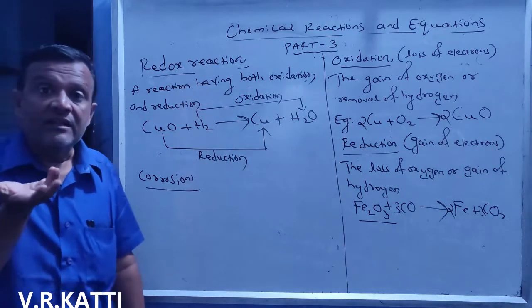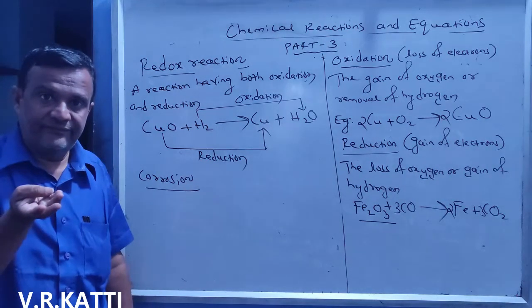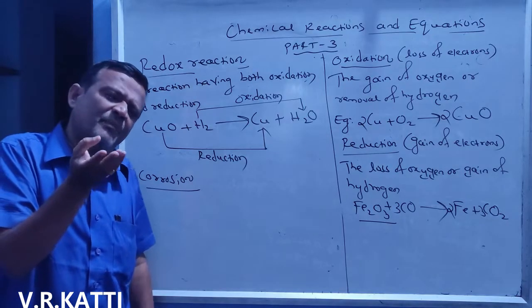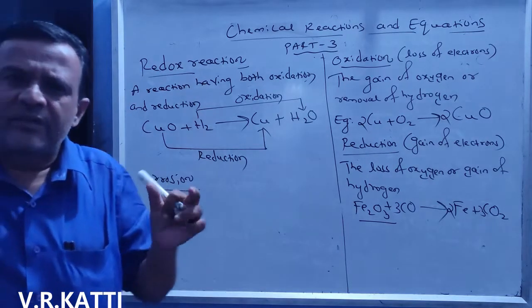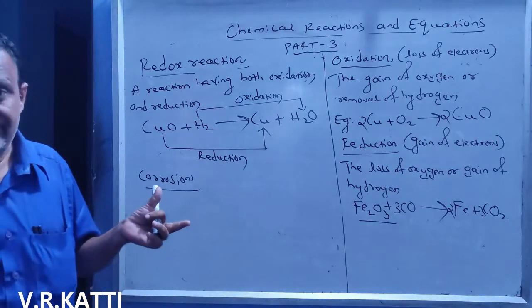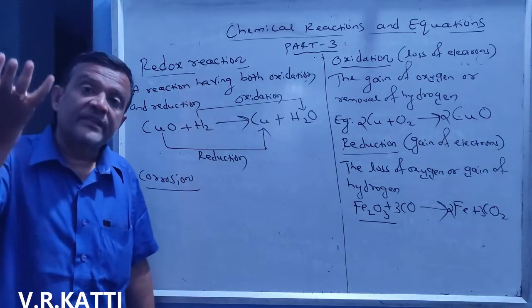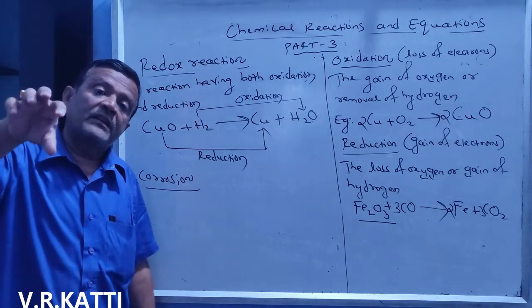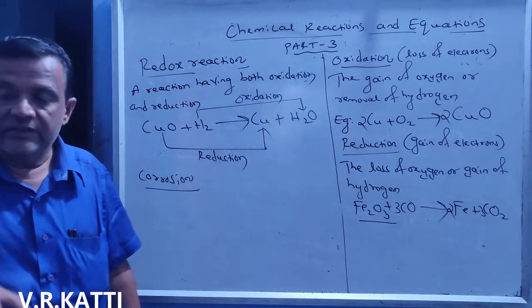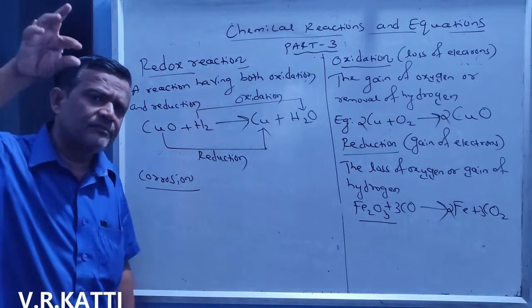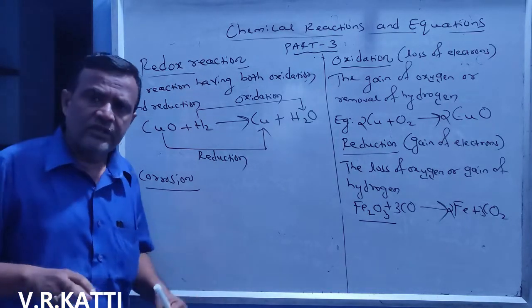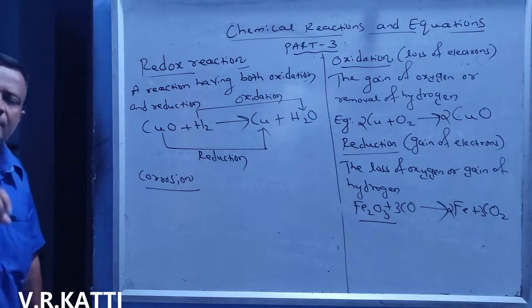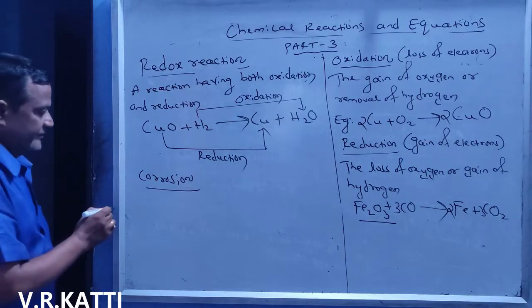For example, rusting of iron, and the black layer formed on the surface of silver when silver comes in contact with sulfur. When iron comes in contact with water and oxygen, that is rusting. These are all examples of corrosion.